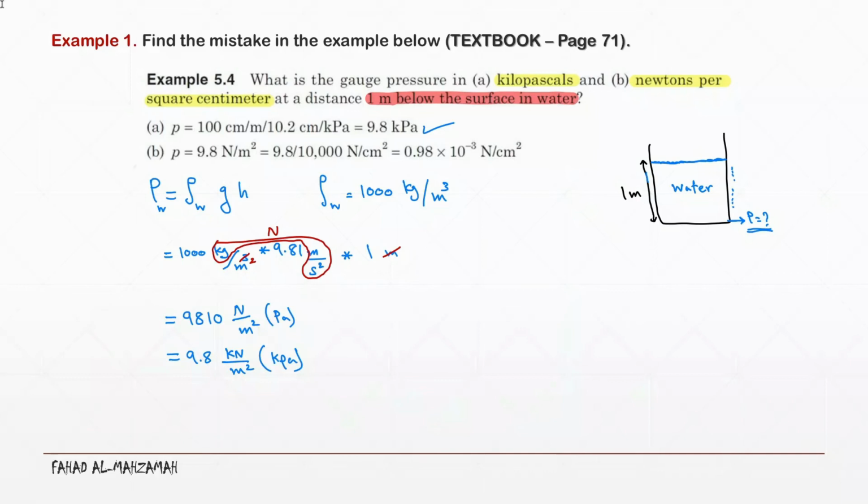Now try to solve B. So B, he said that I need the answer in Newton per square centimeter. So he needs to convert 9,810 Newton per square meter into some value in Newton per square centimeter.